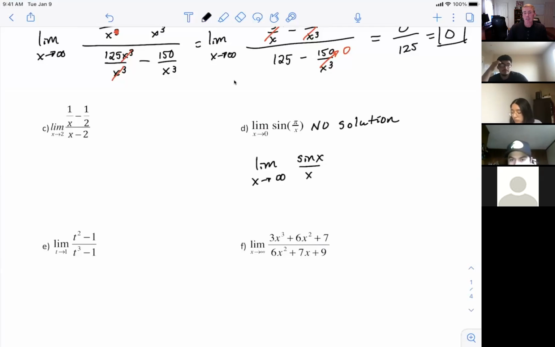So what if I change the problem just slightly and I made it sine of x divided by x as x goes to infinity? You could use L'Hopital's rule.